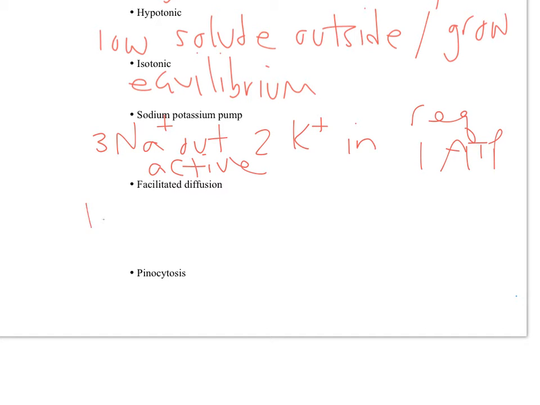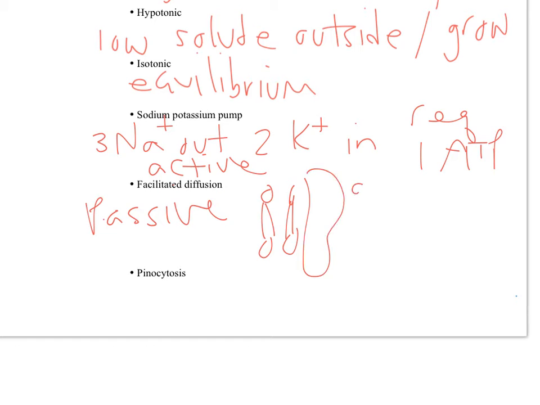Facilitated diffusion is a form of passive transport, and that is when you have a protein in there and things are going through it. The reason they need facilitated diffusion is because they're not small and they're not nonpolar. They're too big to go through naturally. They don't have the right permeability, so they need a protein to assist them, and so that is facilitated diffusion.